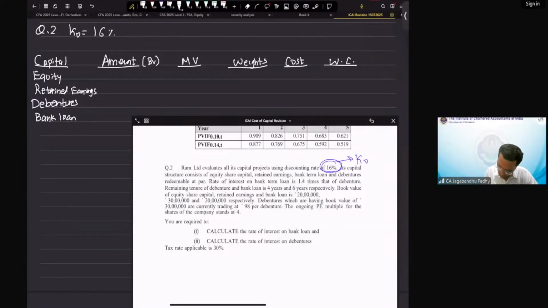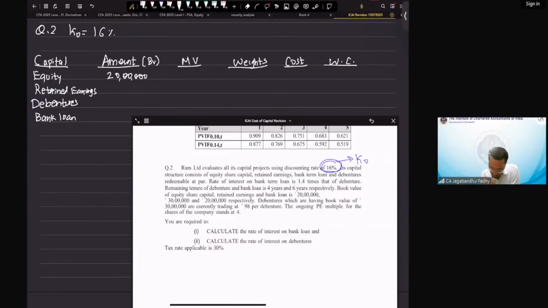So equity is, sorry, equity is 20 lakhs.